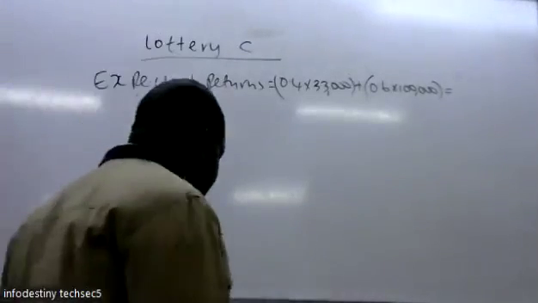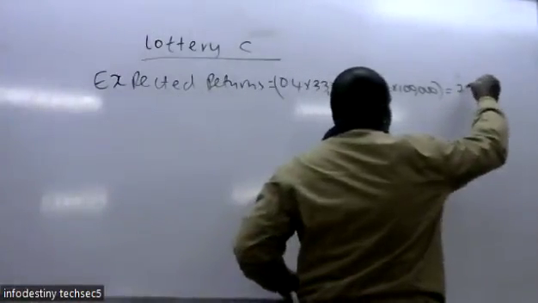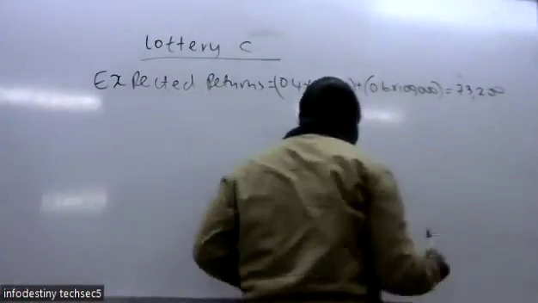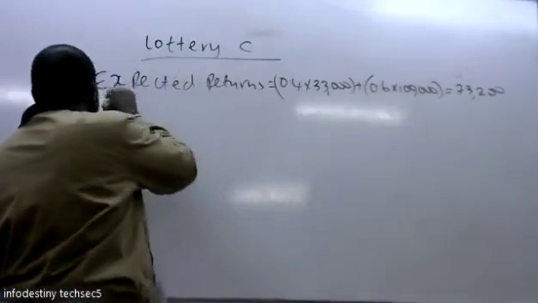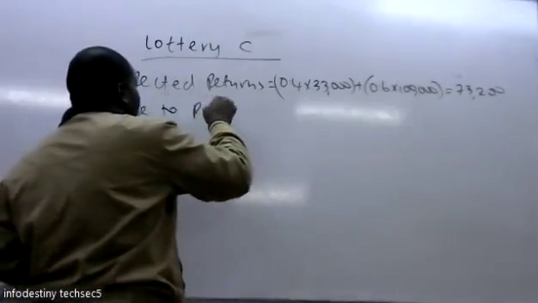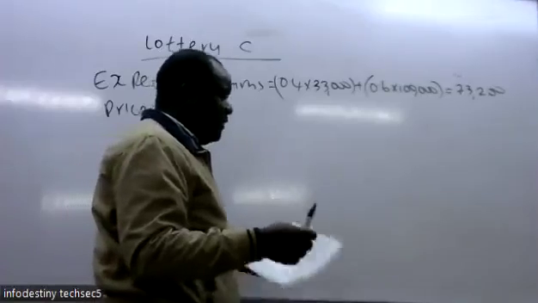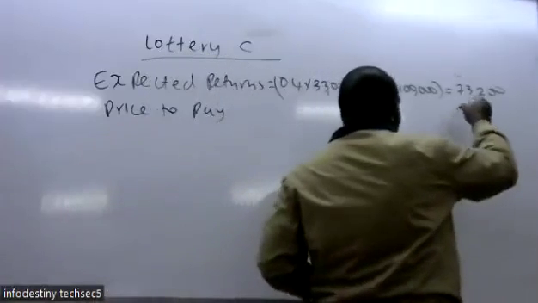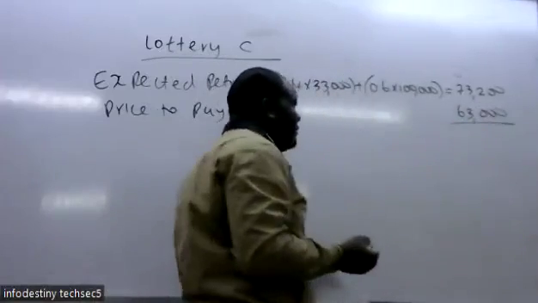So we get 73,200. We compare that with the price to pay. The price to pay, they have given us 63,000.